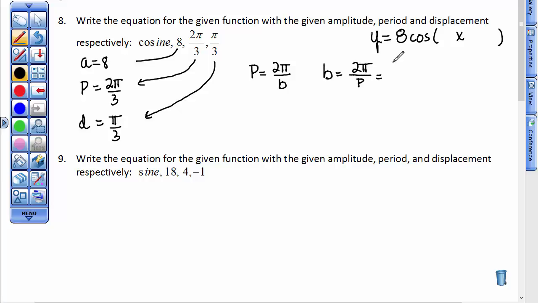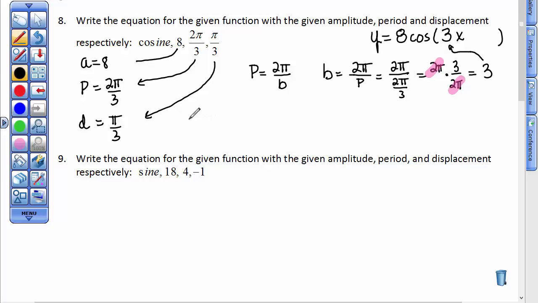In this case, the period is 2 pi over 3. So 2 pi divided by 2 pi over 3 is, we take the 2 pi in the numerator and multiply by the reciprocal, which is 3 over 2 pi. Those 2 pi's cancel out, and I'm left with a b value of 3. I'll go ahead and put that in right there. So a b value of 3.